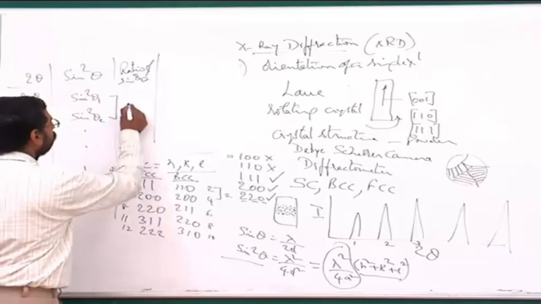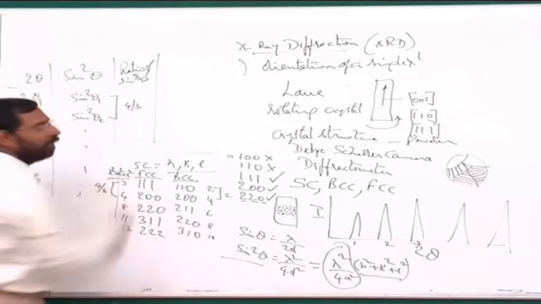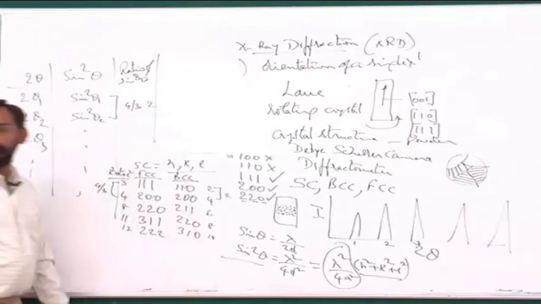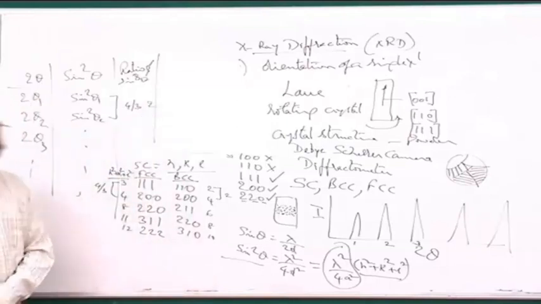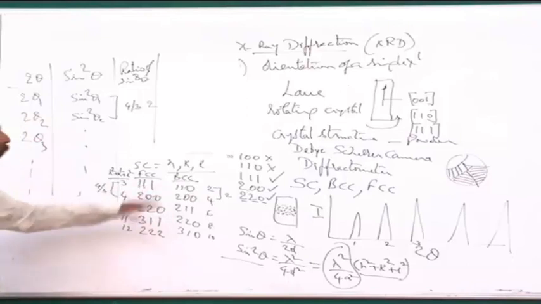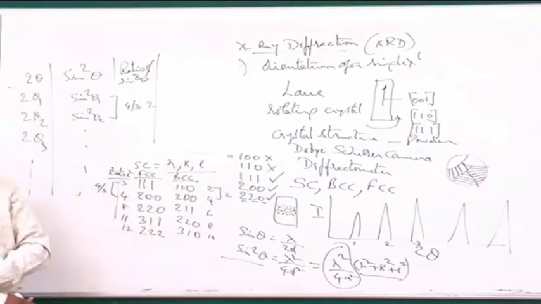And if this ratio turns out to be 4 by 3, we say it is FCC. If the ratio turns out to be 2, then we have a confusion. We talked about it in the last class, that this 2 can also belong to a simple cubic.